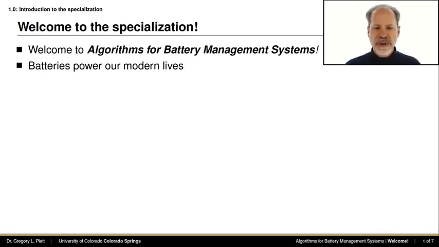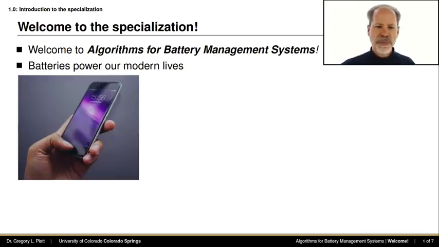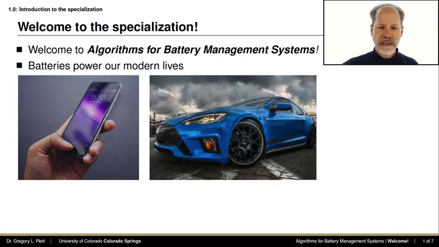As you know, batteries power just about everything in our modern lives. Batteries power portable electronics like mobile phones and laptop computers and fitness watches and music players and power tools and many other consumer electronic devices. Batteries are beginning to power our vehicles as well, from mild hybrid electric vehicles to plug-in hybrid electric vehicles all the way up to full-scale battery electric vehicles.